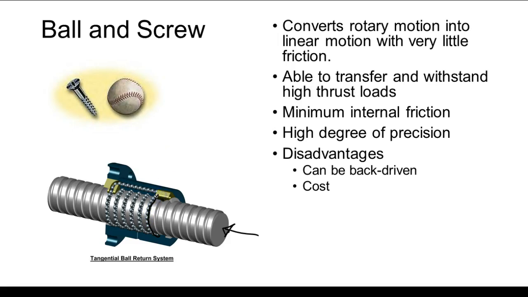Then it goes into a tube and comes back and fills in, depending on which way the ball and screw runs. So the screw turns, and whatever's mounted on this moves in a linear motion. We have one of these on the line over there, which I need to come over and put on.